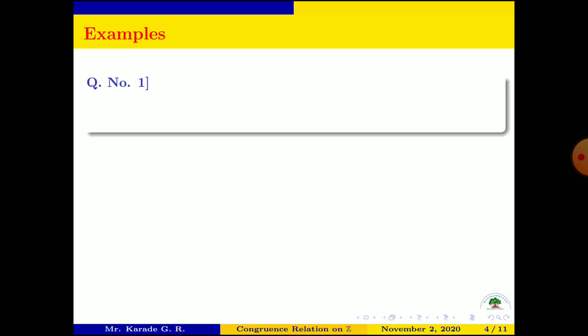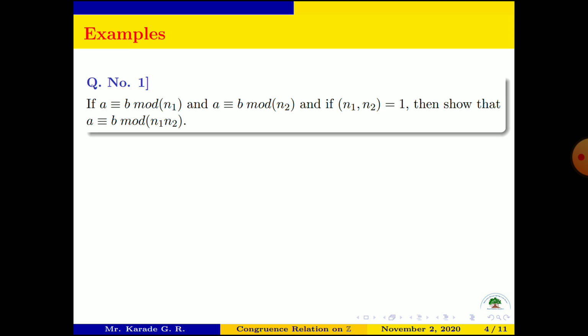Let us take example number 1. If A is congruent to B mod n1 and A is congruent to B mod n2, and if n1 and n2 have GCD 1, then show that A is congruent to B mod n1 into n2.